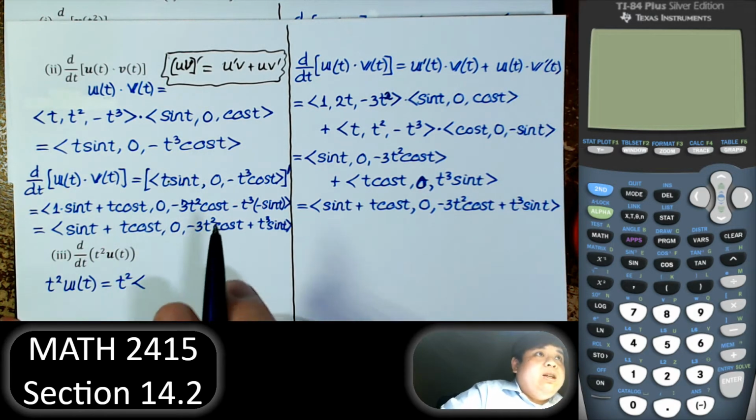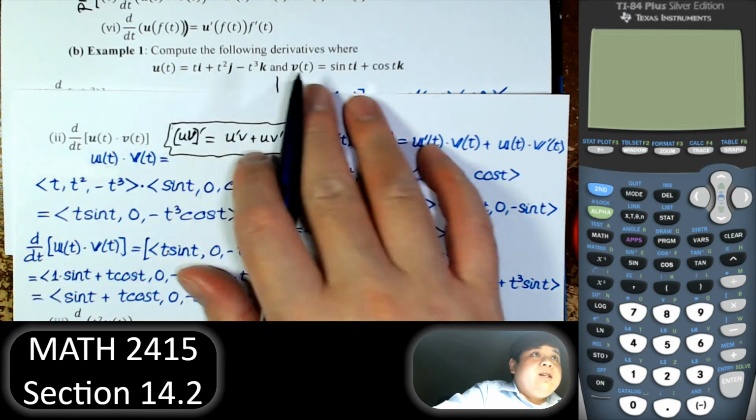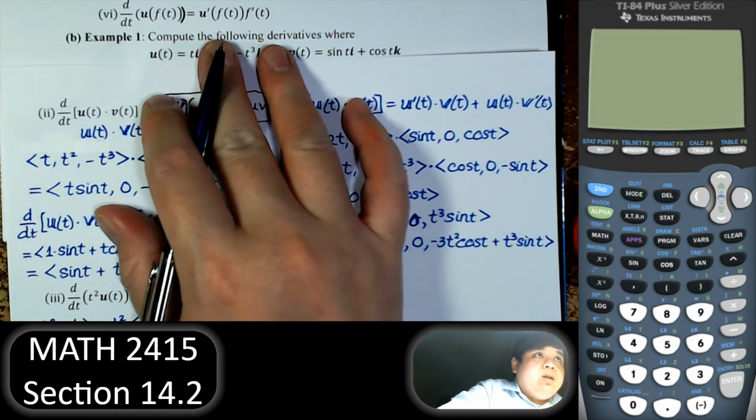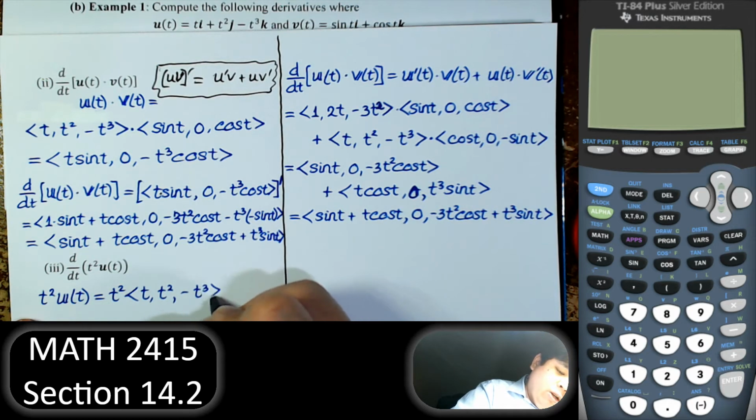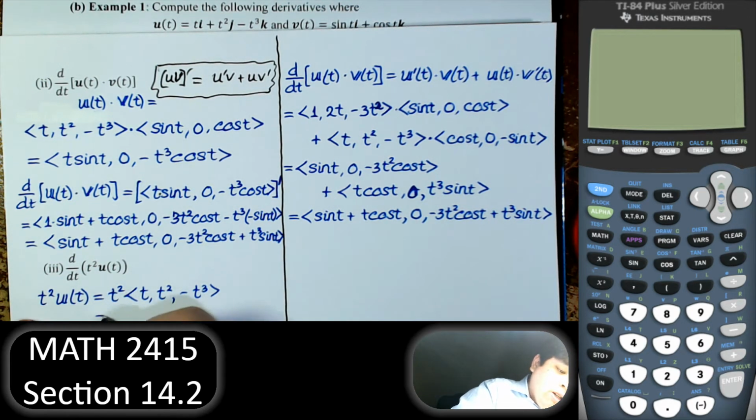And u of t is that. Again, I will write in the components: t for the first one, t squared for the second one, and negative t cubed for the third component. Multiply straight across: t cubed, t to the fourth, minus t to the fifth.